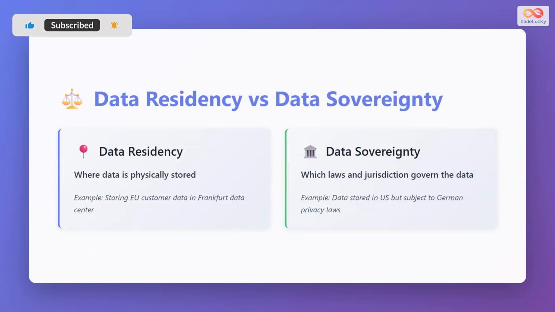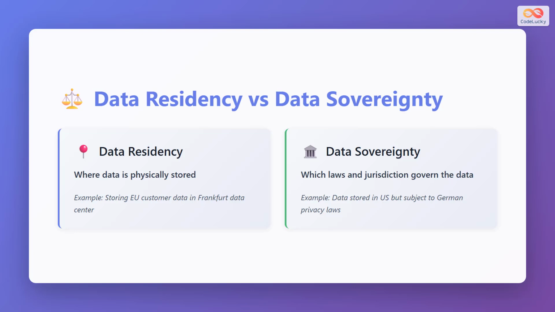It's important to understand the difference between data residency and data sovereignty, as these terms are often confused. Data residency focuses on where data is physically stored. It answers the question, which data center or geographic region houses this information? For example, storing European Union customer data in a Frankfurt data center is a data residency decision. Data sovereignty, on the other hand, concerns which laws and jurisdiction govern the data.